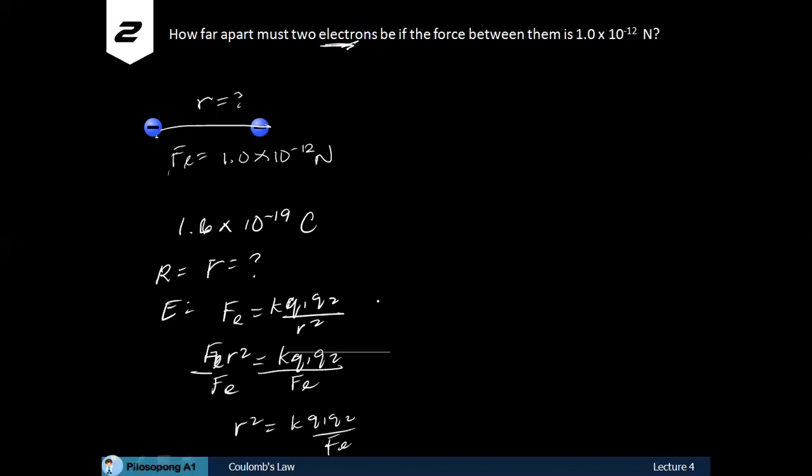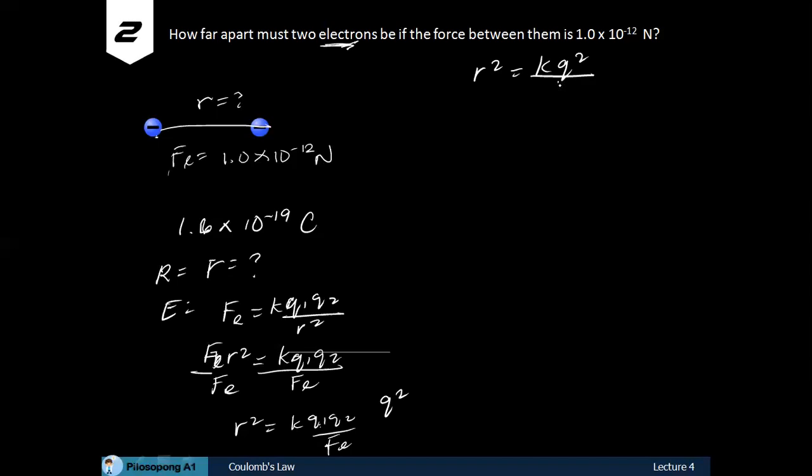So we can simplify Q1 and Q2 into simply Q squared. Let's write it. R squared is equal to K Q squared over Fe, since we have the same charges interacting.